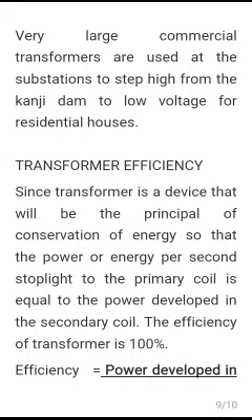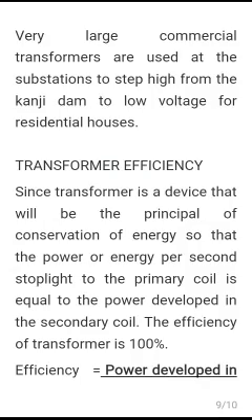Since a transformer is a device that operates with the principle of conservation of energy, the power or the energy per second supplied to the primary coil is equal to the power developed in the secondary coil. The efficiency of a transformer must be 100%. Where it is less than 100%, that transformer is not efficient.